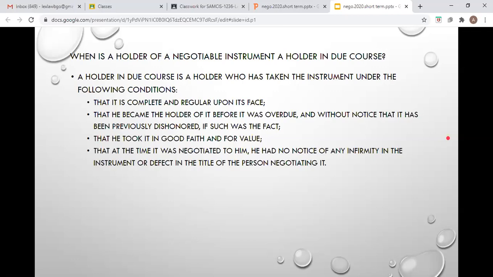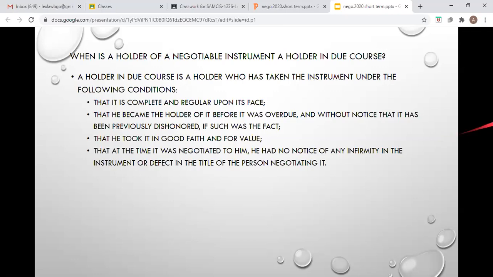If you have obtained it using fraud, using violence, using intimidation, using undue influence in order to obtain that title, then your title is said to be a defective title. If you have no notice that the person who is giving that instrument to you obtained the instrument using fraud, using violence, using intimidation, then you are still considered and qualified as a holder in due course.